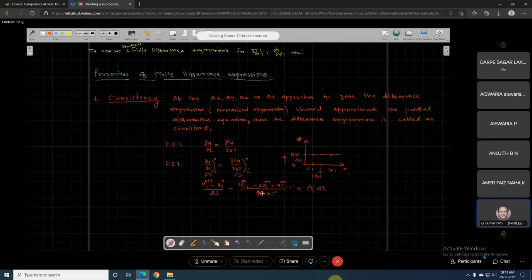Also, this one will give you order delta x square; we know that the second order central difference scheme gives delta x square. So order delta t and delta x square terms will be there, and then this term should be equal to the PDE, isn't it? This del u del t minus del 2 u del x2 should be equal to this expression.